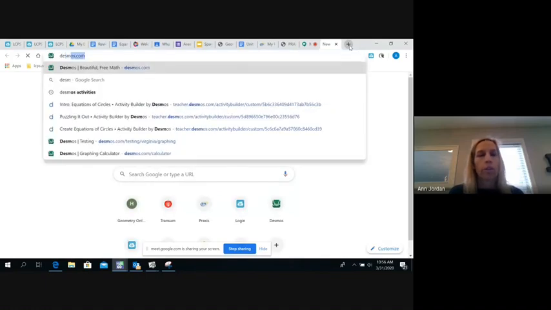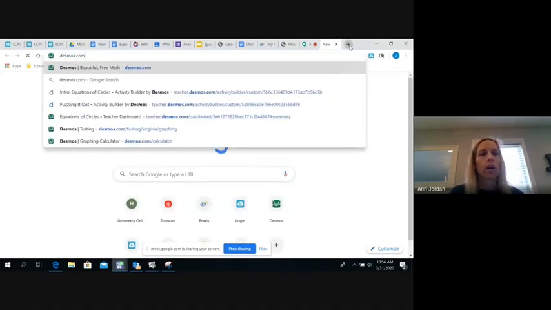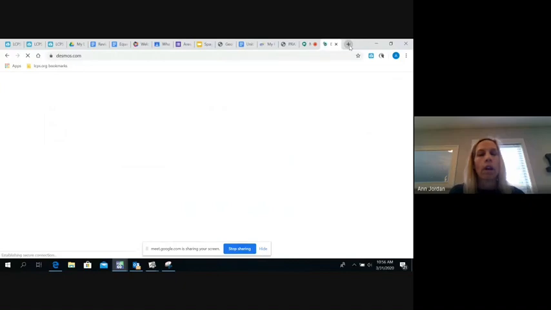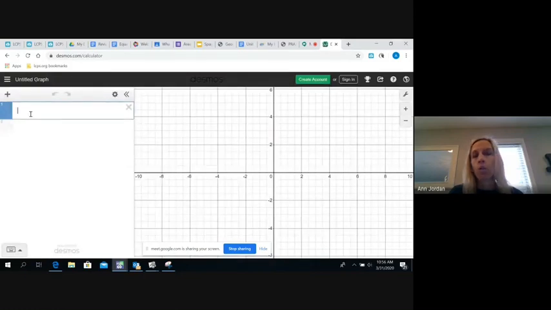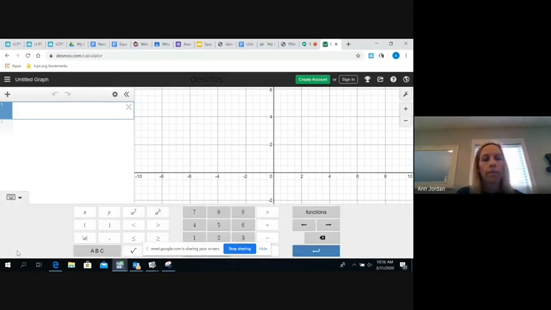What I would like to do is just go over how we're going to use a Desmos calculator. So you want to go to desmos.com, and then you say start graphing. And let's go ahead and do our example problem here. So we are putting pi times r squared in our calculator.